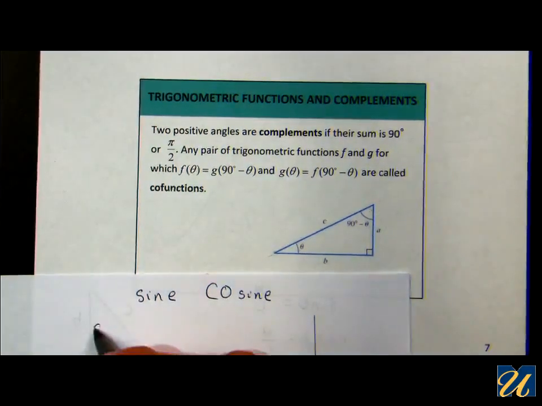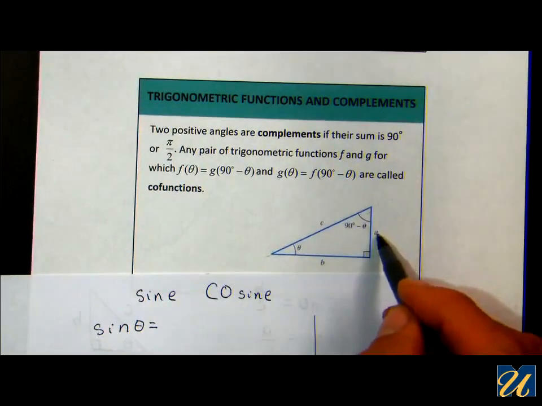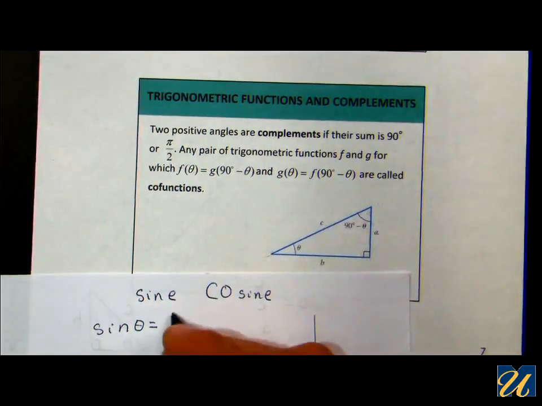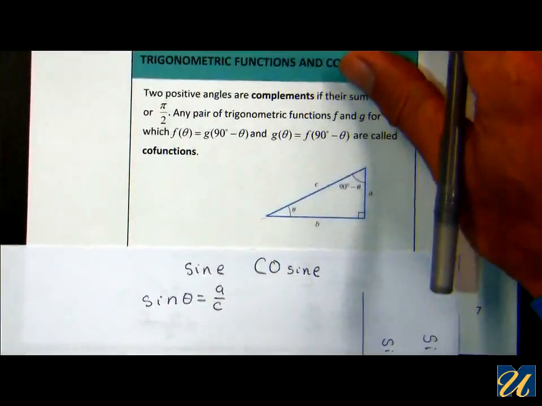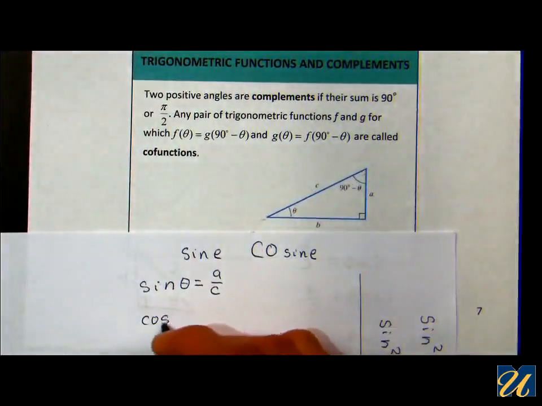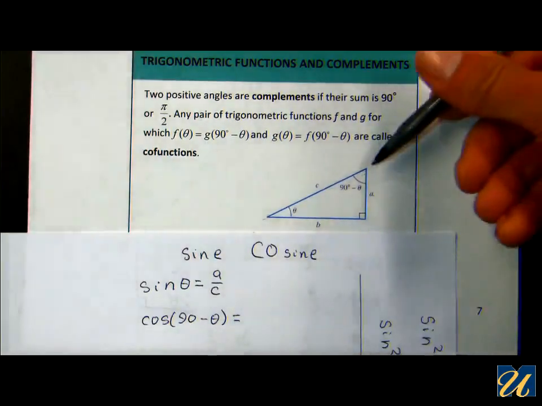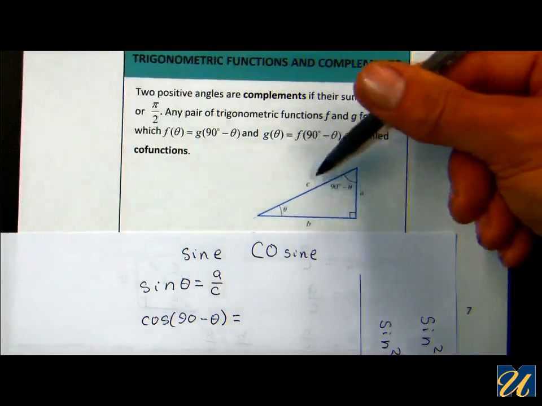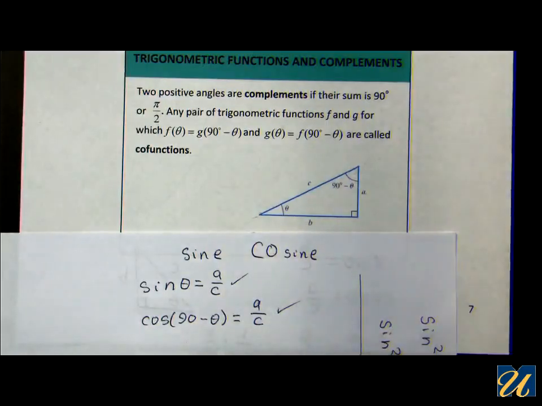For instance, the sine of angle theta, based on this picture, would be opposite over hypotenuse, A over C. Whereas if you take the cosine of its complement, 90 minus theta, now you're looking through this angle. Cosine is adjacent over hypotenuse, so that's A over C. And they're the same thing. So that's what it's saying here.